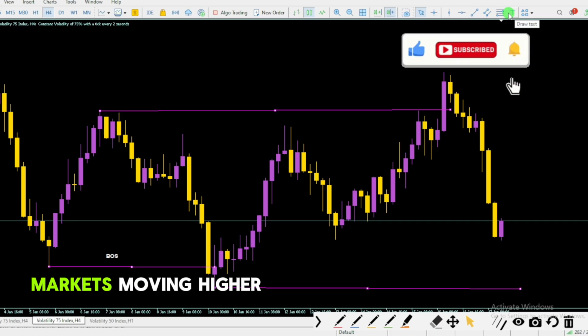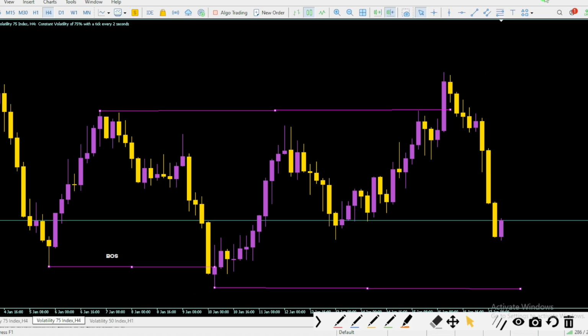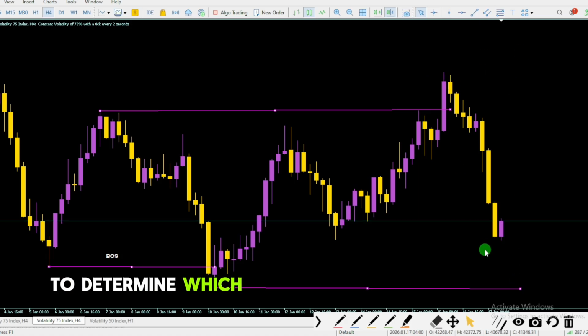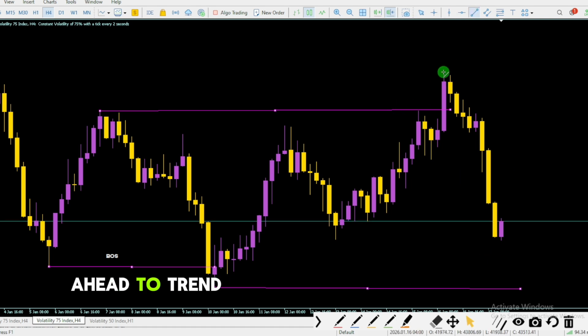This could be the market moving higher to take liquidity in order to continue shooting downwards. This could be the case, or it could equally be that the market has changed direction to the upside. What is going to determine which we take is if the market goes ahead to trend back up, we would know that the market is officially on an uptrend on the H4 time frame.